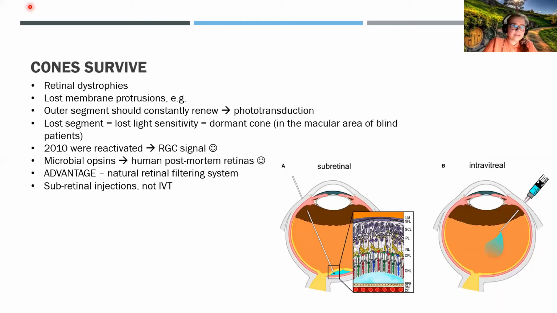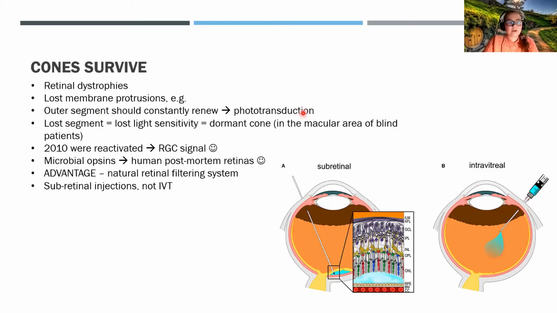So this is a bit about retinal dystrophies. In these diseases, cones have lost their membrane protrusions, for example, the outer segment. And this outer segment is relevant for phototransduction.